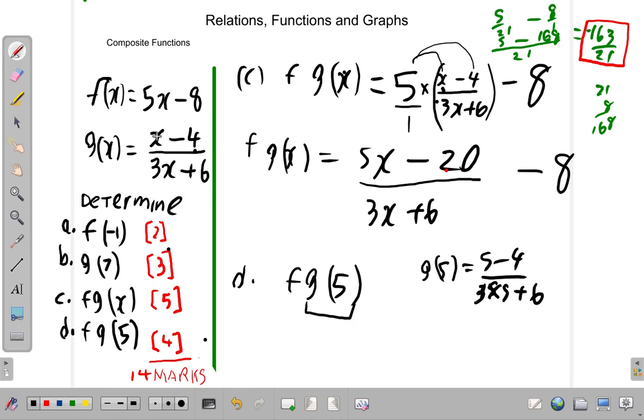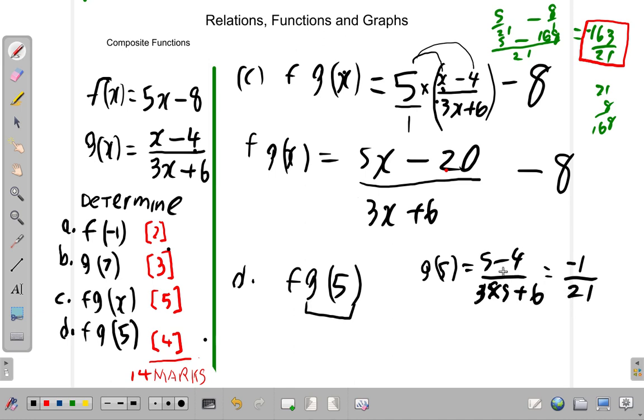This is g of x. X minus 4 up here. G of 5. 5 minus 4 up here. G of x. 3x plus 6 down here. G of 5. 3 times 5 plus 6 down here. So we have 5 minus 4 is going to be negative 1 over 3 times 5, 15. 15 plus 6 is 21.